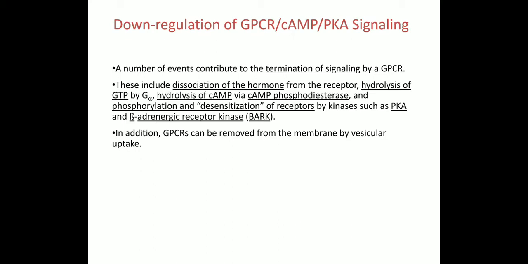These include the dissociation of the hormones from the receptor, hydrolyzing the GTP to convert it into the G alpha GDP subunit, the hydrolysis of cyclic AMP by cyclic AMP phosphodiesterase, or phosphorylation or desensitization of the receptors by kinases like protein kinase A or beta adrenergic receptor kinases.